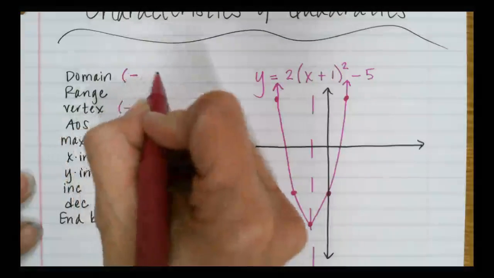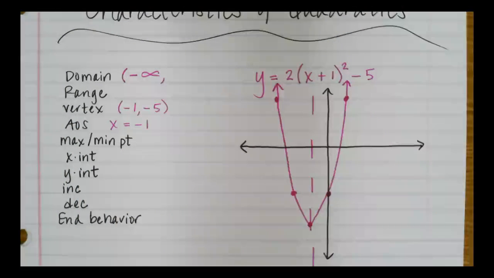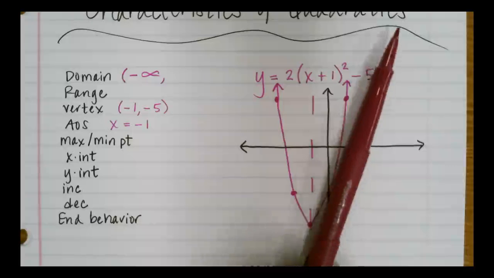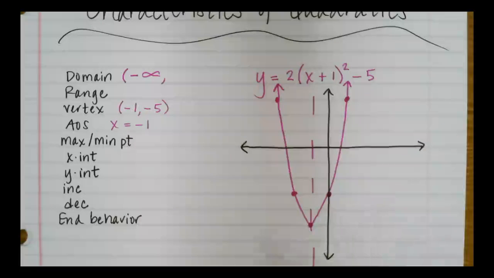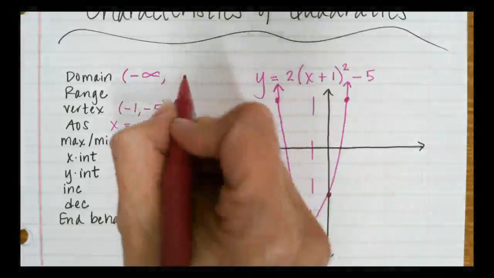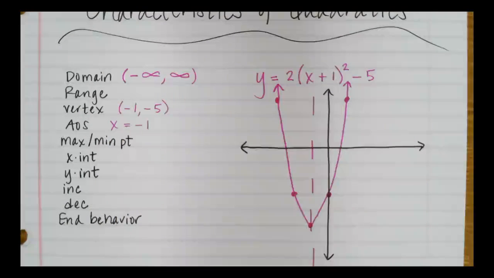So the smallest is -infinity. The largest on this side is just going to keep going out and up as well, so the largest x just goes on forever. If you remember, this is interval notation, so it's not an ordered pair. We always use parentheses when we talk about infinity.